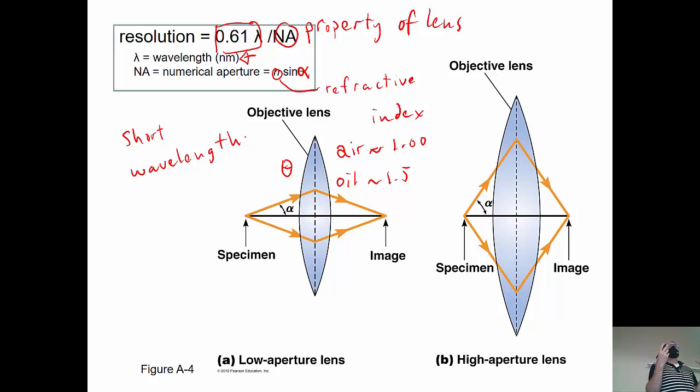There's shorter wavelengths, but the human eye cannot pick them up, such as ultraviolet. And then we want the denominator to be big, so we want as big a thing as possible. So we can see on the right, here we have a greater angle of alpha, theta. If we put this in oil, we have a bigger number.